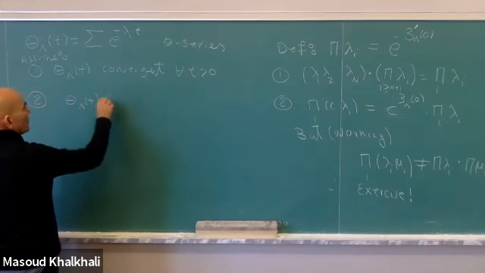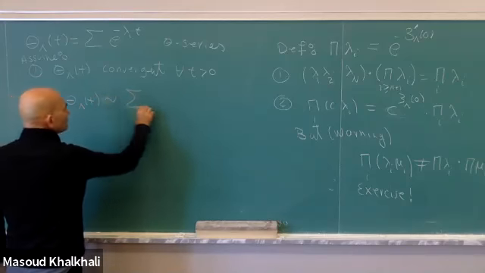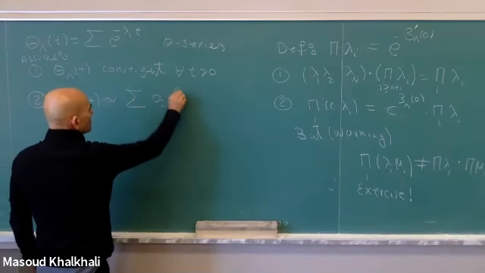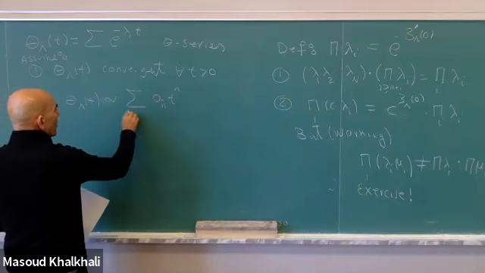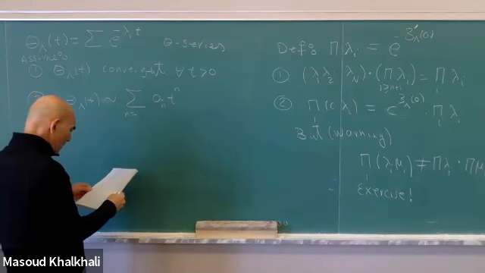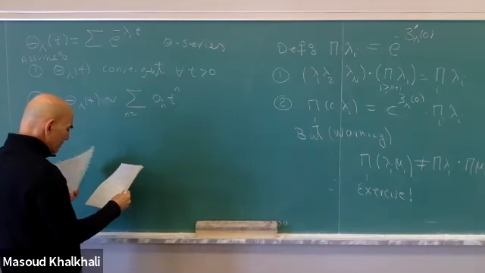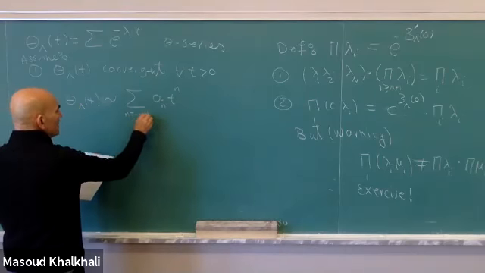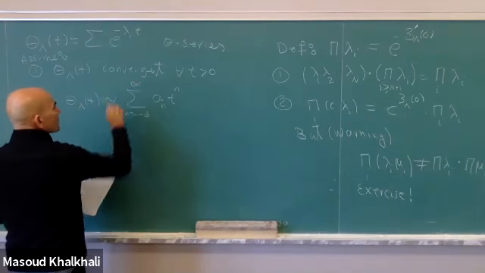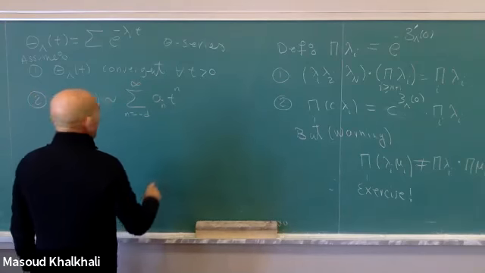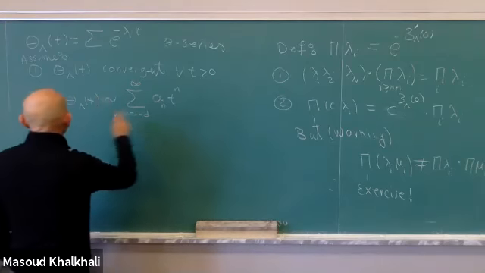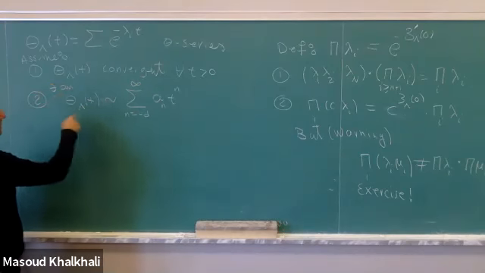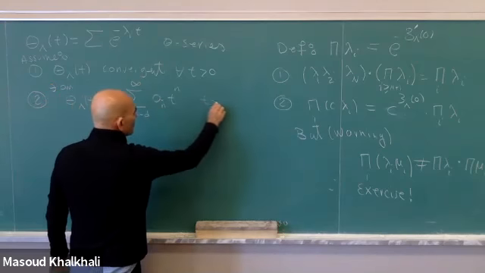I mean, asymptotically it is given by the sum of a_n t^n. My notation is going to be a bit different. Yes, n from minus d to infinity. So this condition means that there exists an asymptotic expansion like this as t goes to 0.